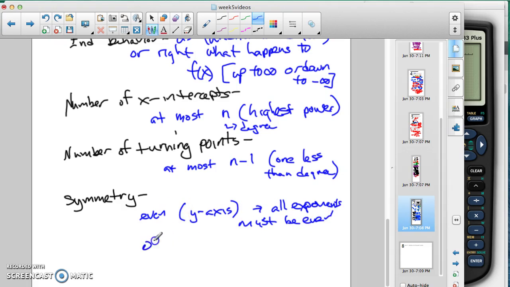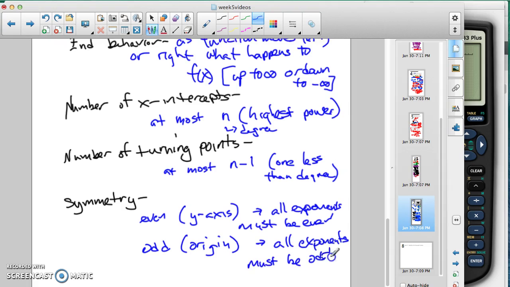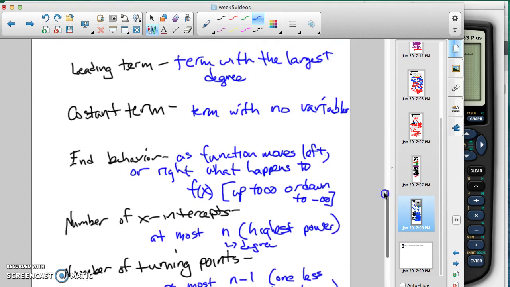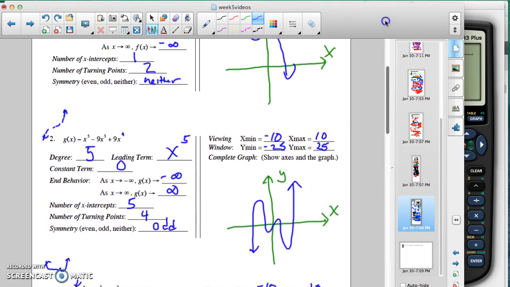Okay, and then with odd, this is origin symmetry. All exponents must be odd.